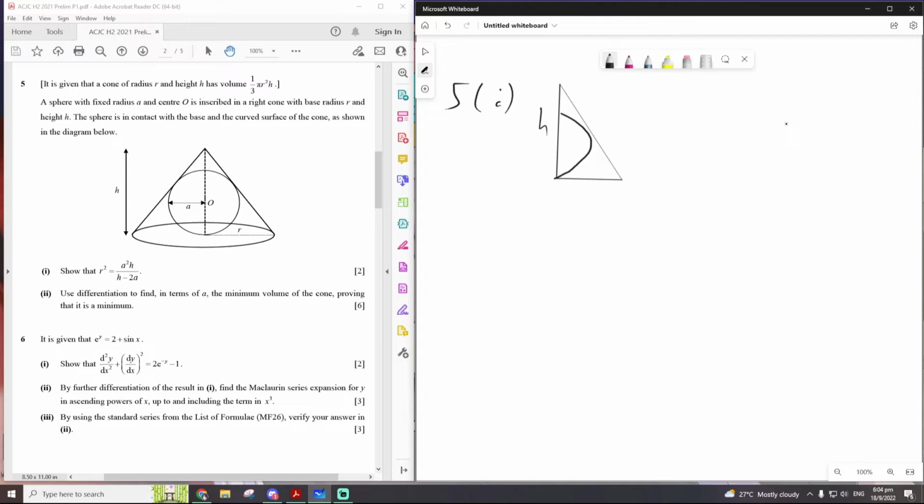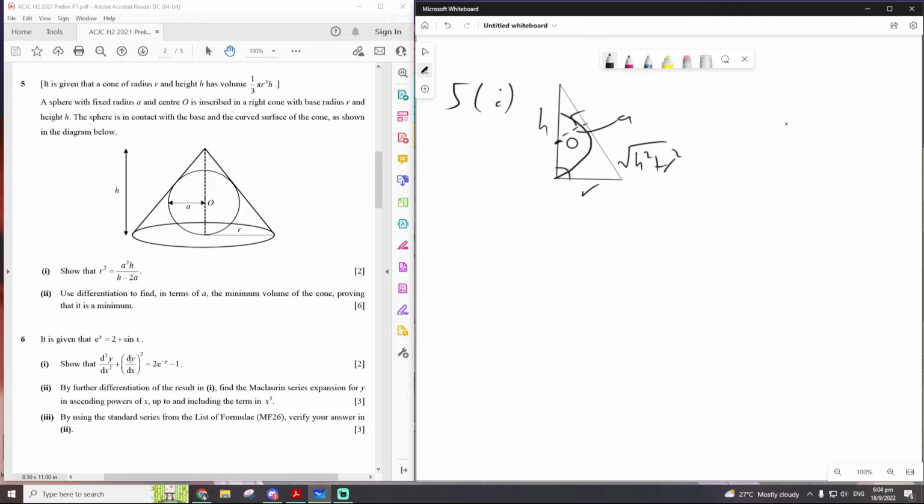This is H, this is O, I'm going to draw this is the right angle, and this is A, and this is R. We're going to use similar triangles. The hypotenuse is the square root of h squared plus r squared, Pythagoras. This is a right angle, just so we're clear.